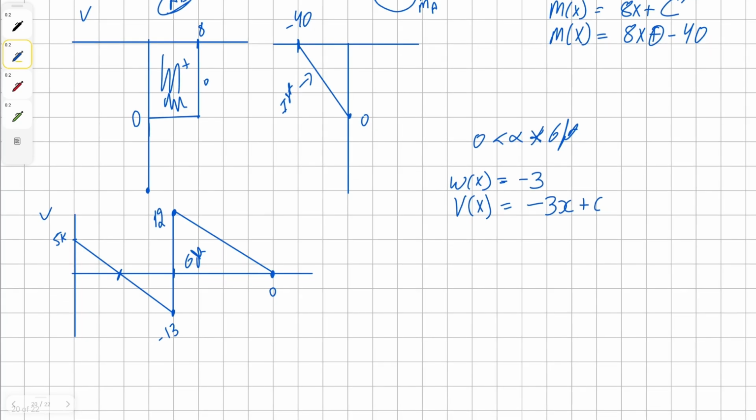And we know that when x is 0, our shear is 5, therefore c is positive 5.